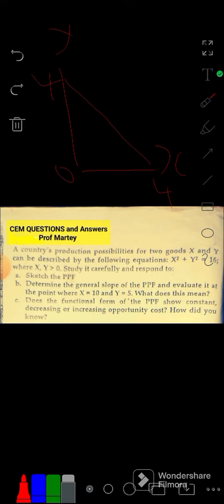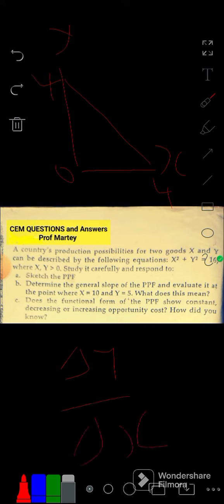As you already know, gradient is the change in y over the change in x.